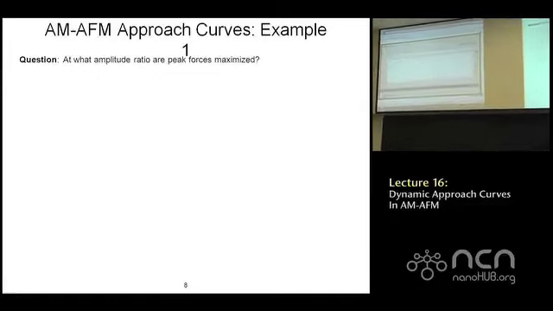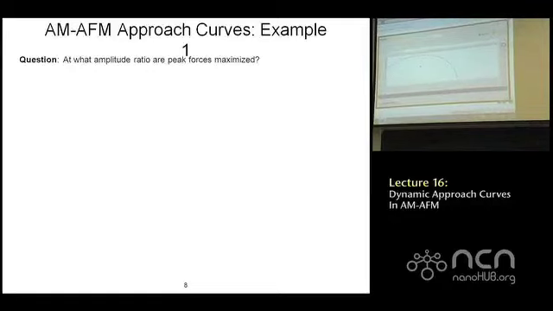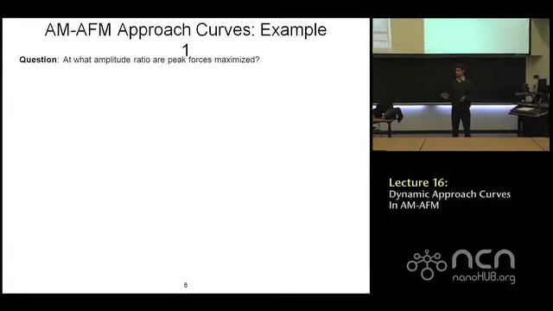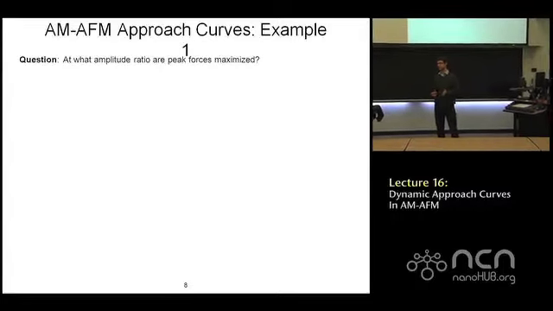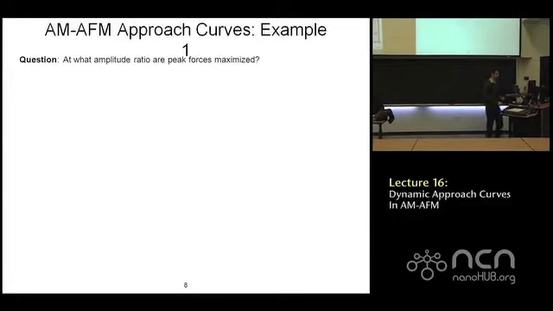Ultimately, when we go to take an image, you're going to be interested in how these quantities vary with the set point ratio, because that's what you're going to be controlling in the feedback loop. So we have our choice over set point ratios, but we're not directly controlling the z distance. It's actuated through that feedback regulator on amplitude.